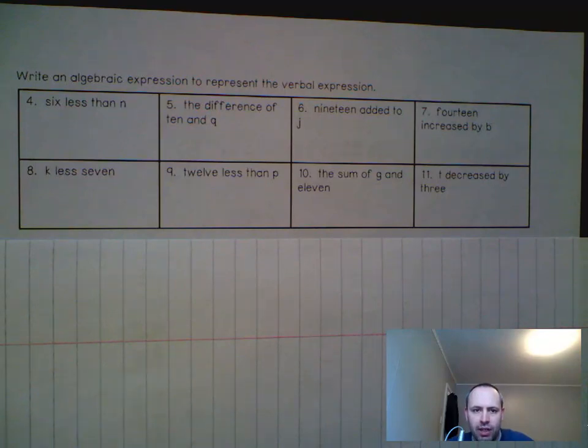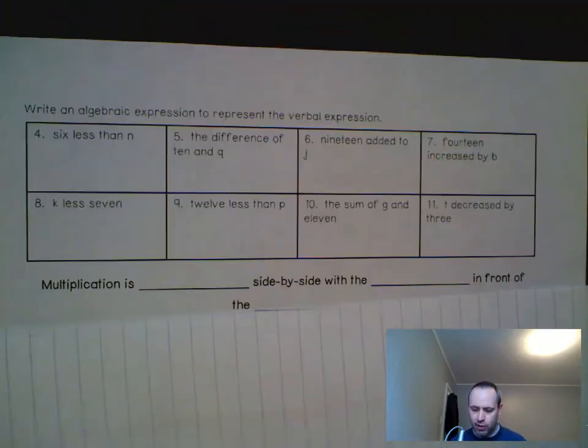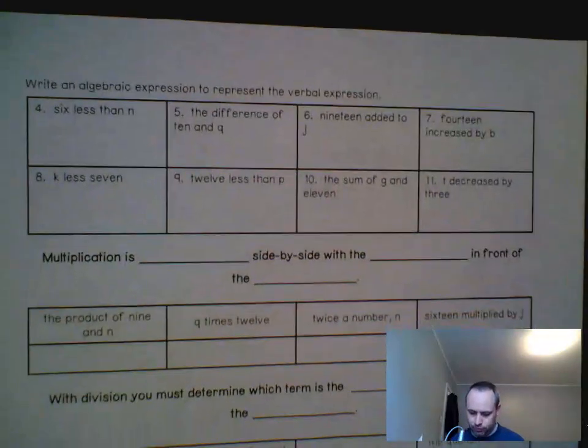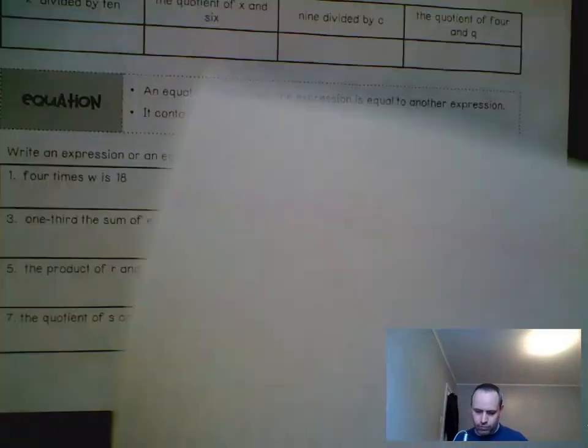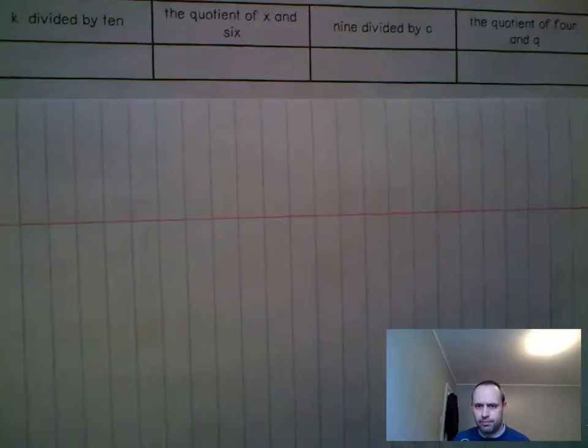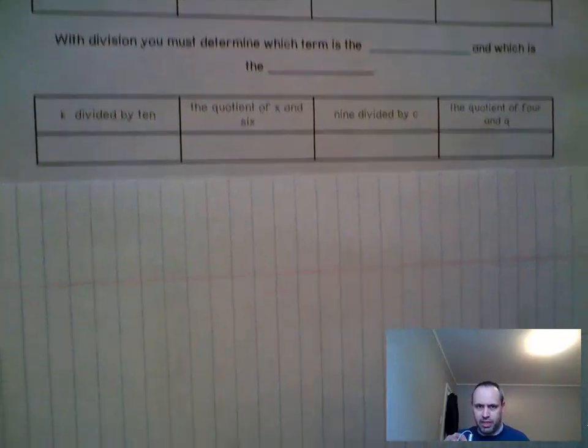Okay, and then once you've done those, I want you to pause the video again. And try these 4 right here, the division ones. So we're skipping, there's a row here, we're going to skip the multiplication ones.